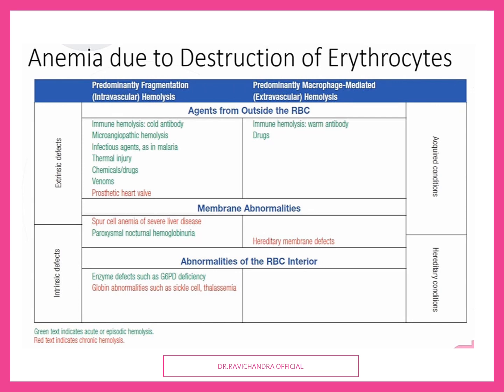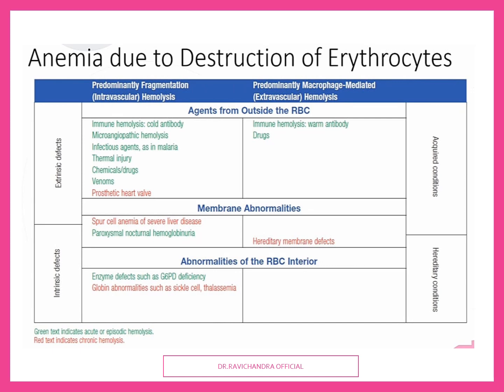Membrane abnormalities causing intravascular and extravascular hemolysis: spur cell anemia of severe liver disease and paroxysmal nocturnal hemoglobinuria, or PNH, will cause intravascular hemolysis, and hereditary membrane defects, elliptocytosis, and spherocytosis will cause extravascular hemolysis.